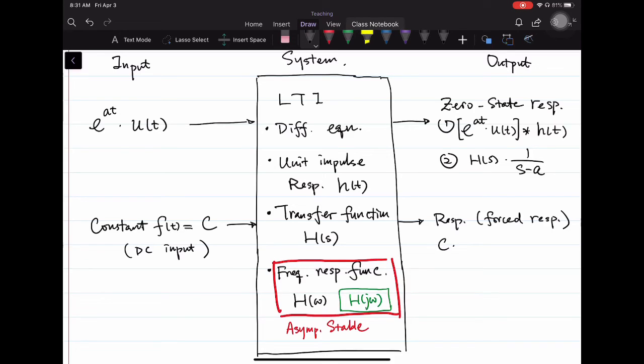It's C, the amplitude of your DC input, times the DC gain of the system. And if you ever want to use this, in the following two other scenarios, you are looking at asymptotically stable systems, and we're going to group all of them together.